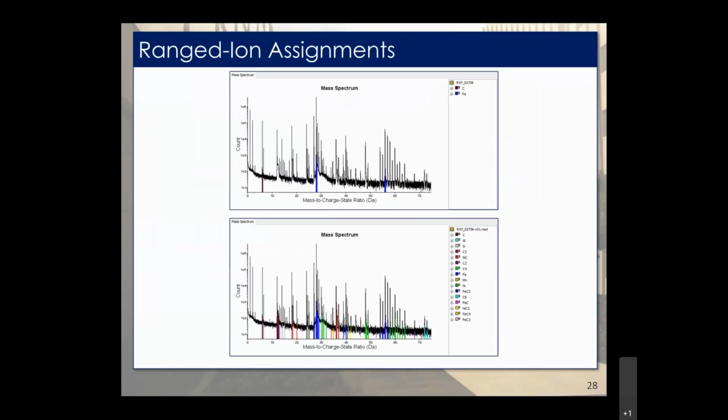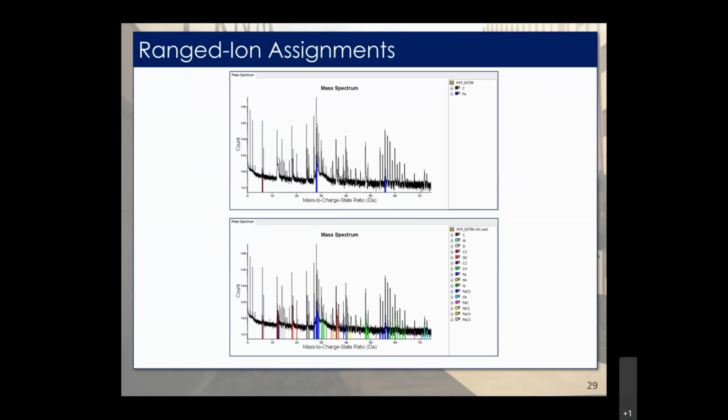Then we go to the step of the ranged ion assignment, and I've talked about this already, and how we go about assigning the different peaks to the different elements. So I won't go into this in more detail, other than just to show it before and after. Before, we only have the peaks identified that we used for our mass calibration, because of course those peaks, if we use them to calibrate, should be what we said they were.